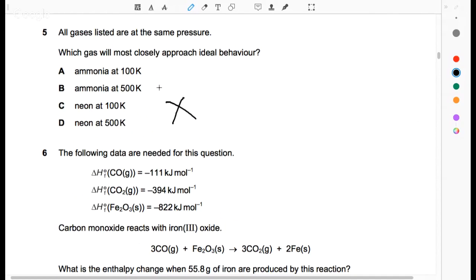B. So, no. Wait. Oh, sorry. No, intermolecular process.